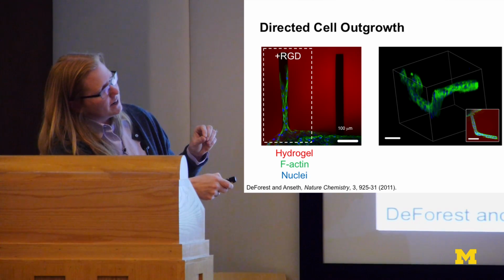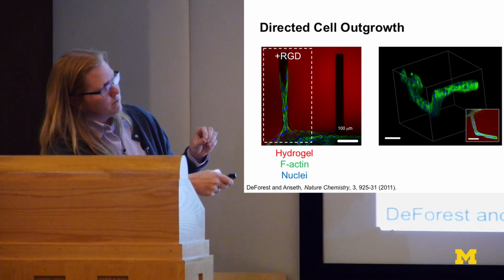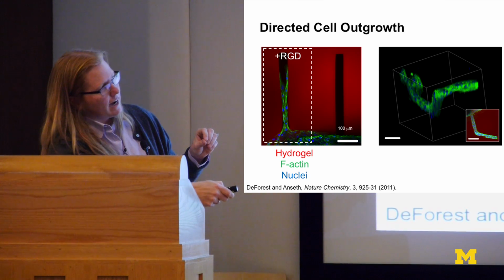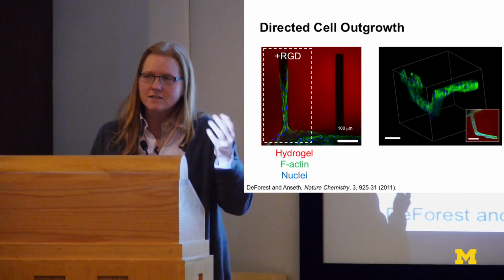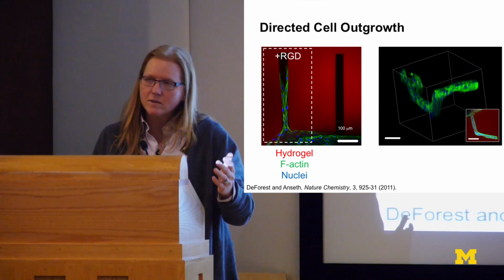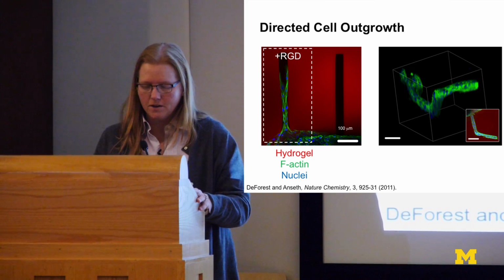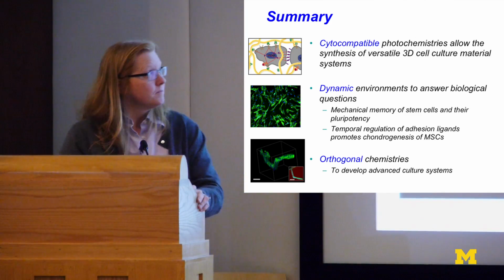And this can all be done in complex 3-dimensional manner, directing and guiding cells, even in the context or presence of other cells that might exist in the bulk. So this is very much futuristic, but these are the possibilities of where things could go in 3-dimensional cell culture.